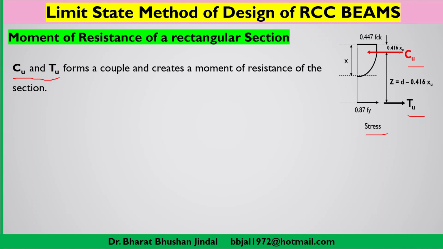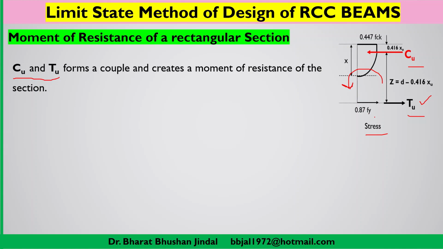Now if Cu is equal to Tu for the equilibrium of the section, then they will form a couple, and the section has some moment of resistance. This moment of resistance will be against the bending moment.